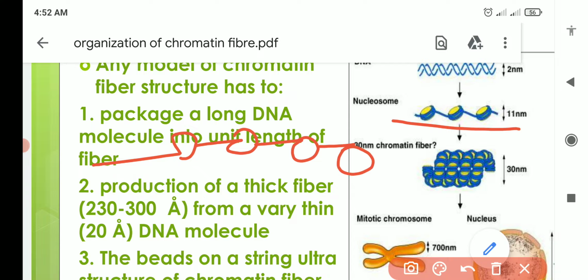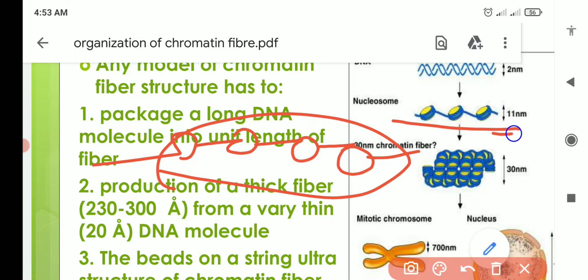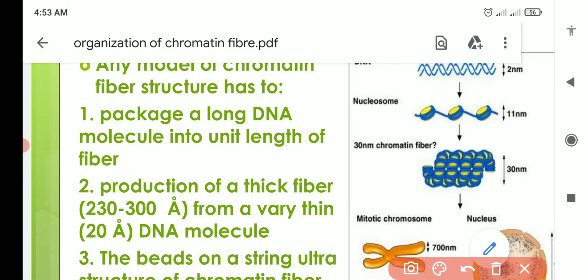So how is this structure formed? And after that, from this structure, which is approximately 11 nanometer, or 110 angstrom in diameter, the 300 angstrom width chromatin fiber is formed, and ultimately the structure of the chromosome is formed. So we will discuss all these points one by one.